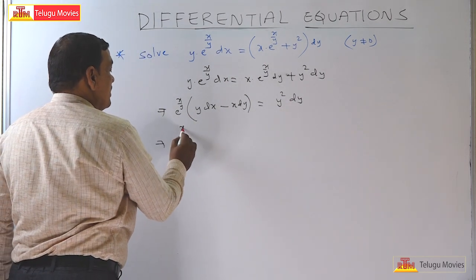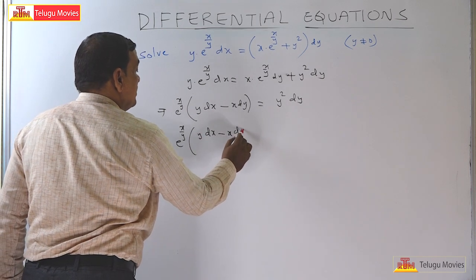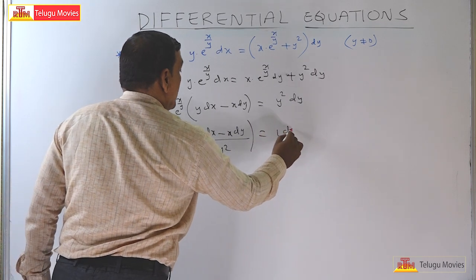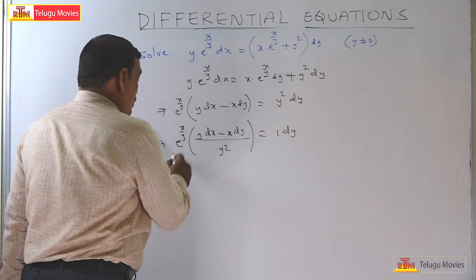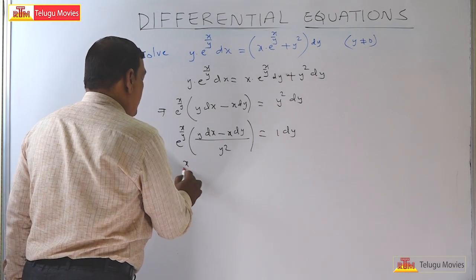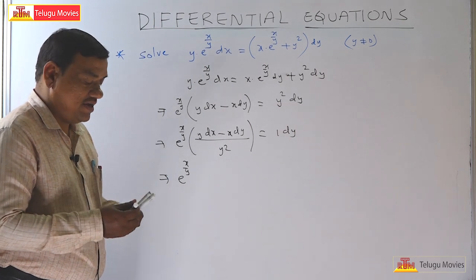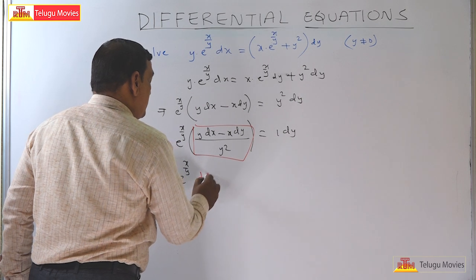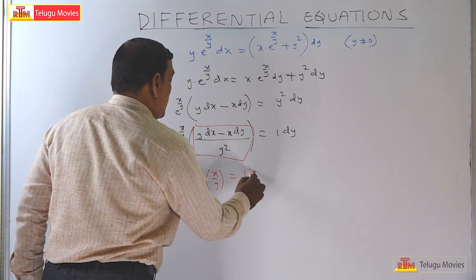So e power x by y into (y dx minus x dy) by y square is equal to 1 dy. Understand this? So this is e power x by y. Yesterday in class I gave a short formula for this. So this is nothing but the derivative of x by y, into 1 dy.